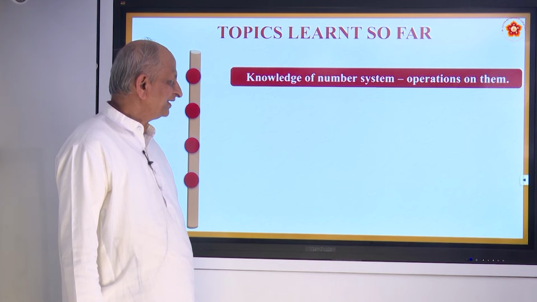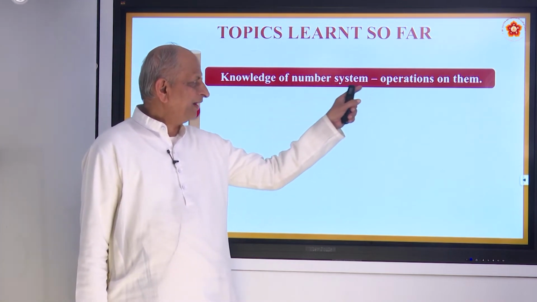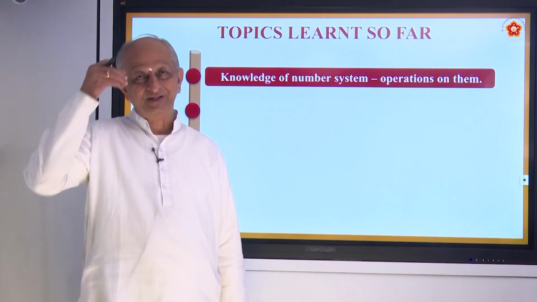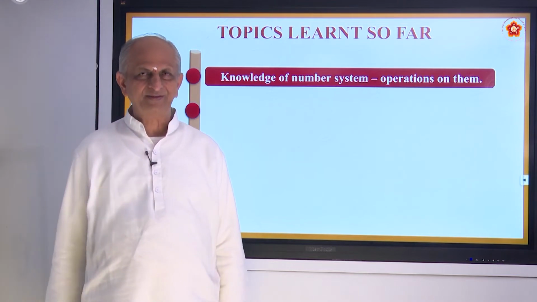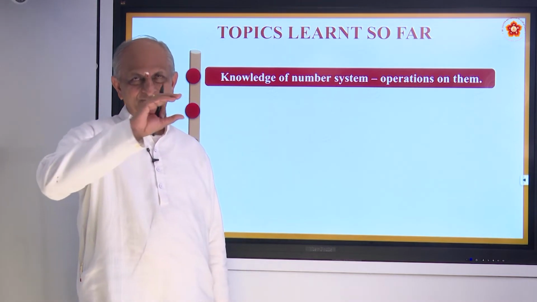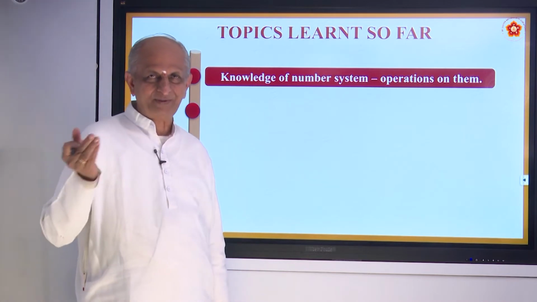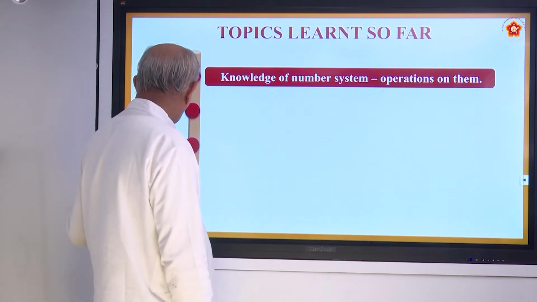And what we studied earlier is about a number system, operations on them. When you say number system, a series of odd numbers, a series of even numbers, whole numbers, square numbers, cube numbers, and so on. And also operations.